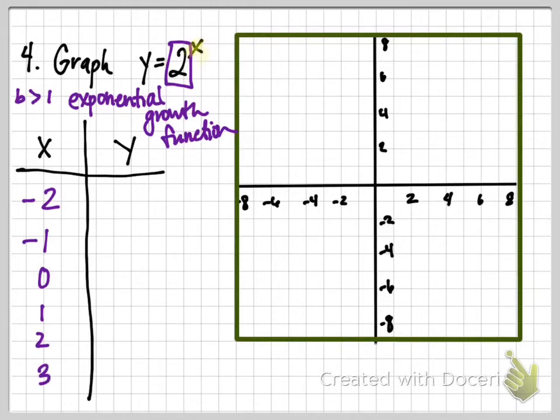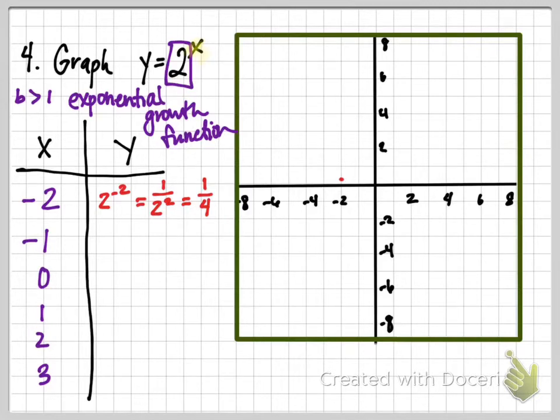So when I plug in y equals 2 to the -2, that would be the same thing as saying 1/2 squared, which would end up being 1/4. So I can plot -2, 1/4.